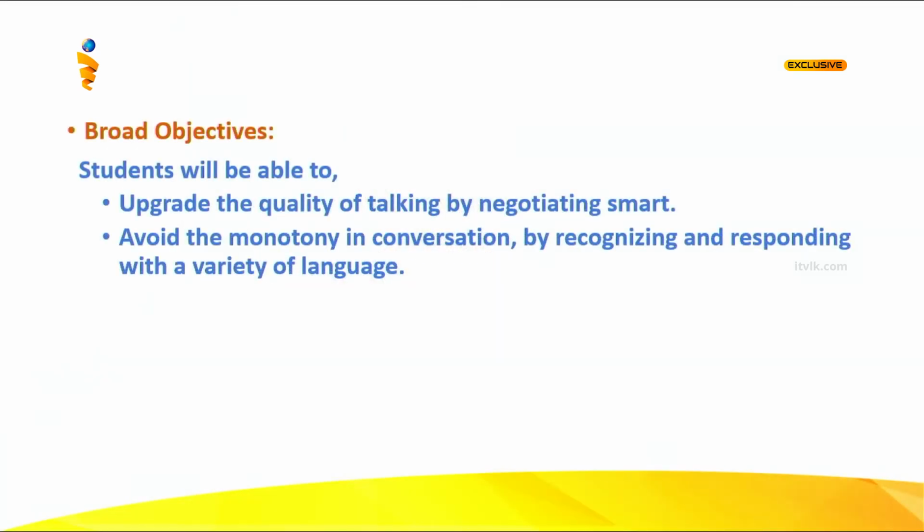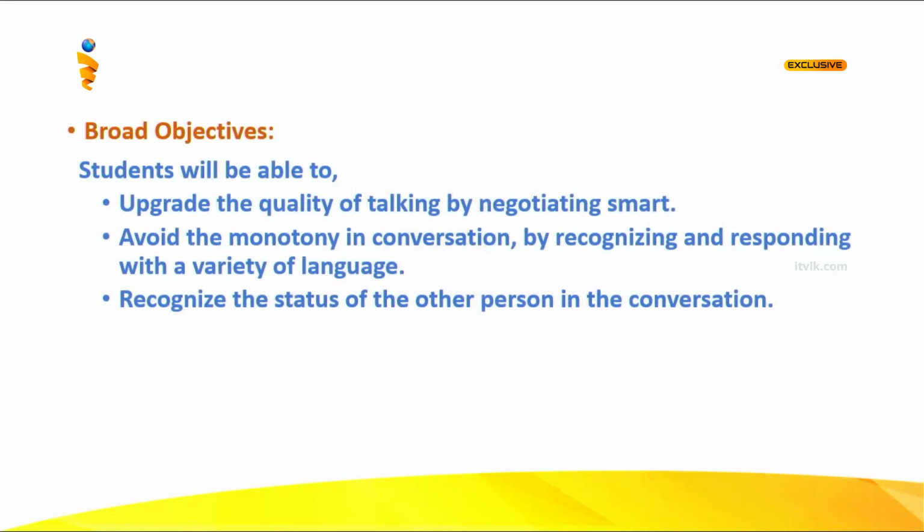And also avoid the monotony in conversation by recognizing and responding with a variety of language. We know that if we use ordinary language, it is so monotonous. If we add some smart phrases, it adds colors to that language. So it is beautiful and it's smart. So there's variety in speaking.